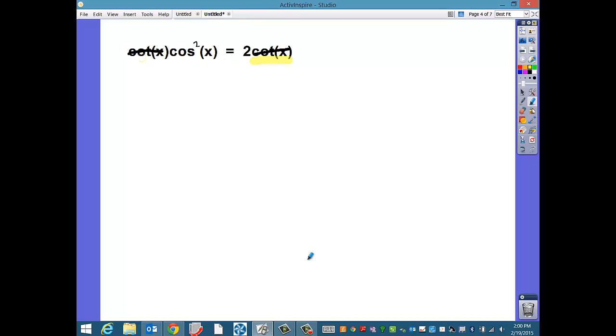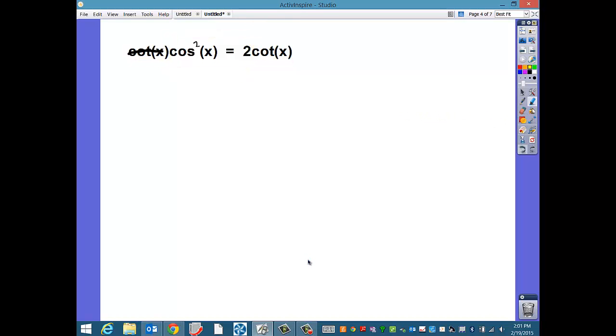This right here that we divided out is something that's unknown because it includes the variable cotangent of x. If you divide out an unknown on both sides of an equation, you're probably dropping out some of the solution set. You're probably leaving some of it behind. And so what you wind up with will be probably part of the solution set, but not the entire solution set.